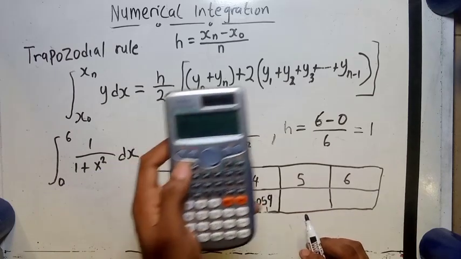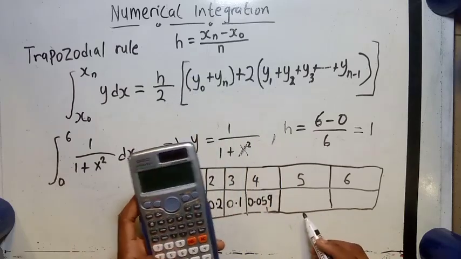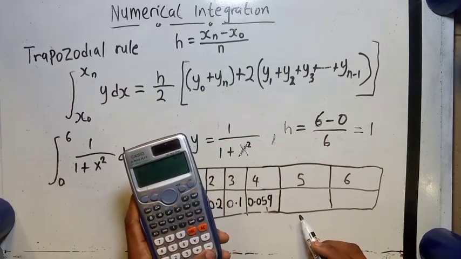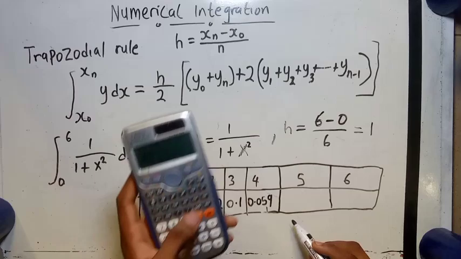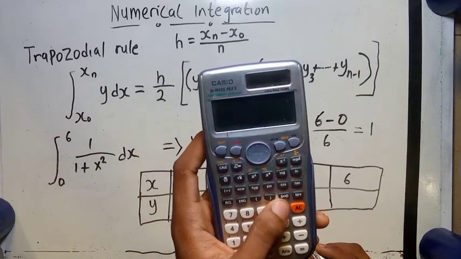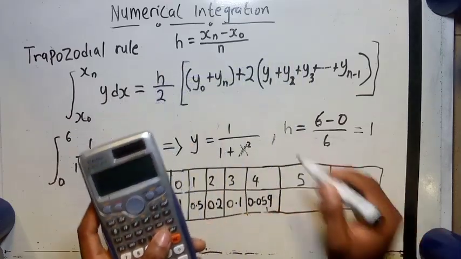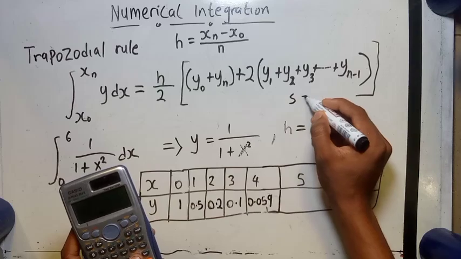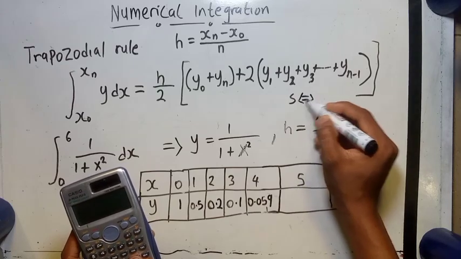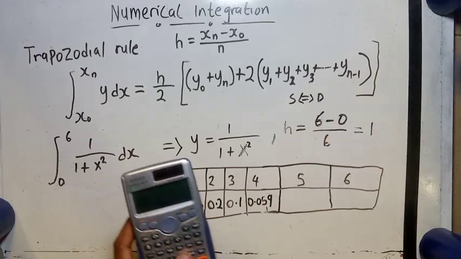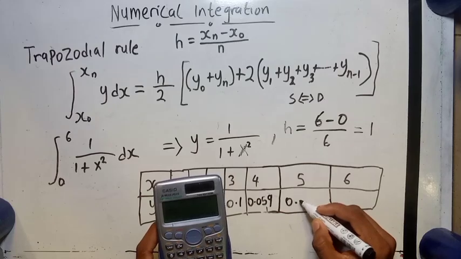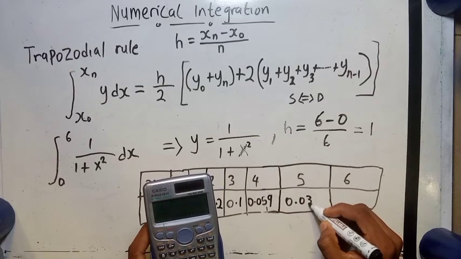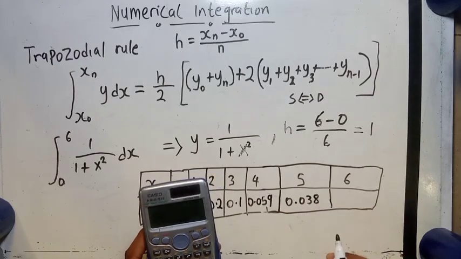Now CALC again. 5, equal to. Remember to press the S-D sign to convert to decimal. So we're going to be having 0.038.